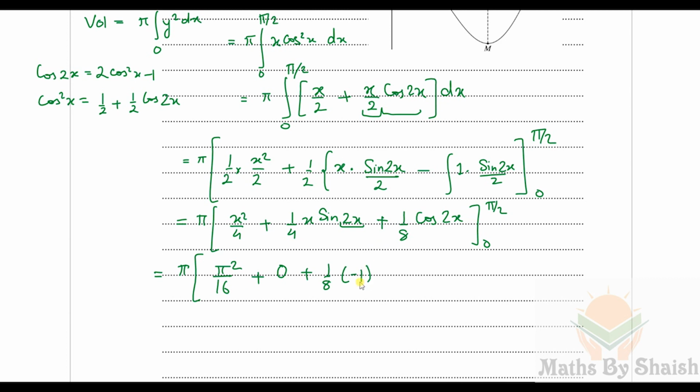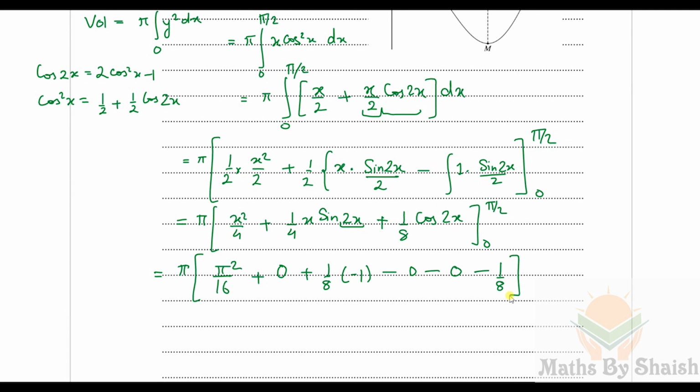Minus the lower limit: x square by 4 means 0 by 4, which is 0, minus cos 0 is 1, so it becomes only 1 by 8.